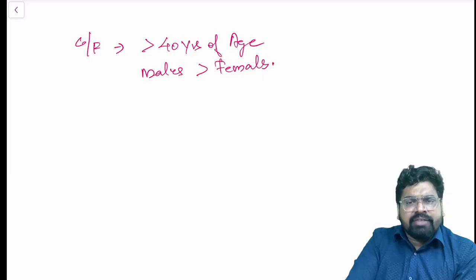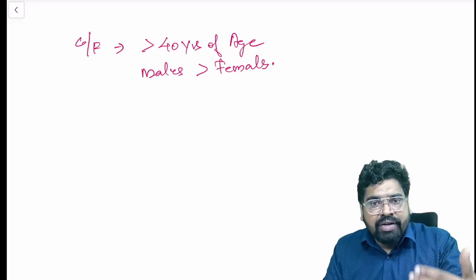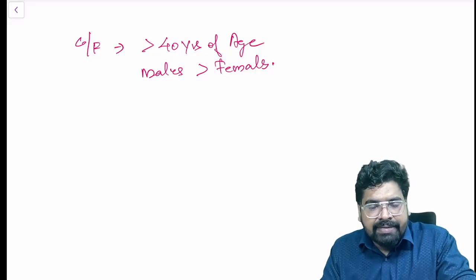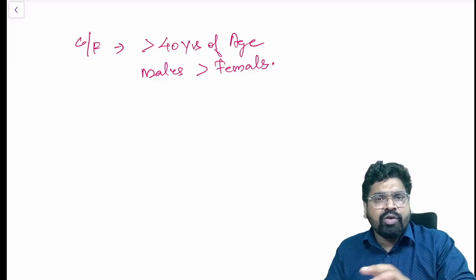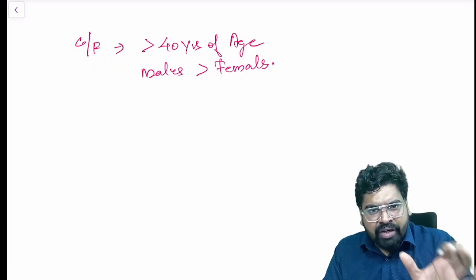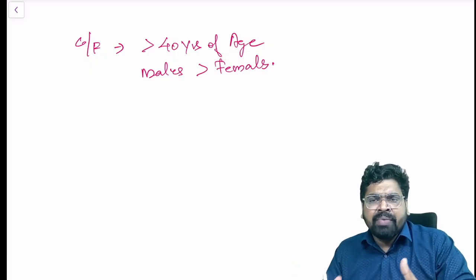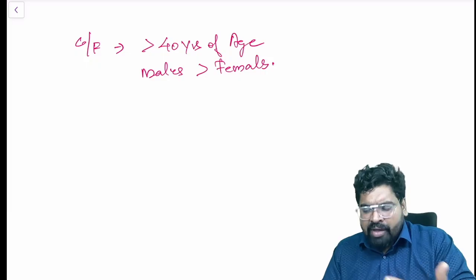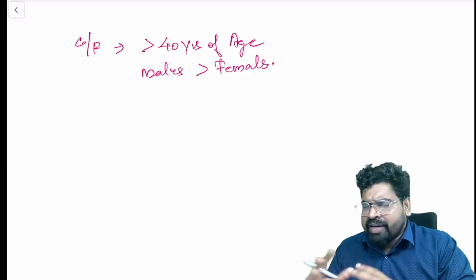I am telling this point very clearly because you get questions like this. They ask: a 40-year-old man with so and so bone lesions, with other features like bone deformity, skull deformity, and radiographic features.